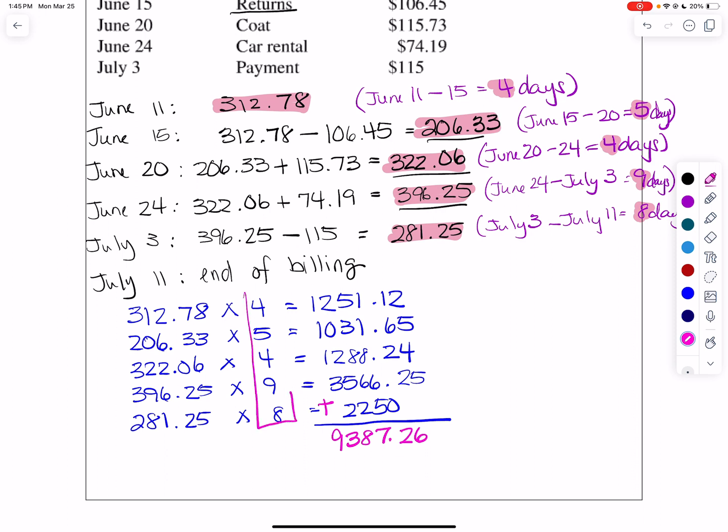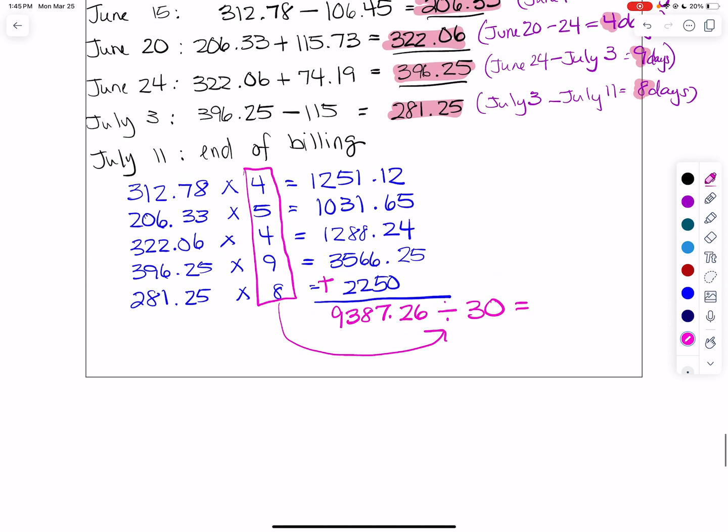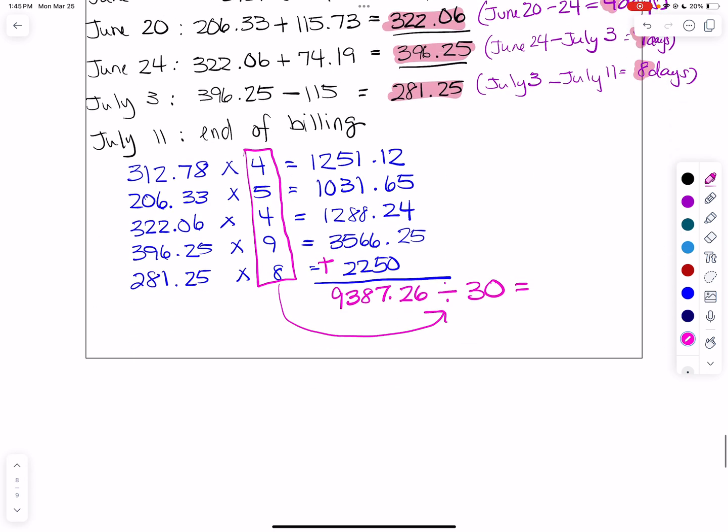And when we add all these up, I'm going to divide by 30. So the average daily balance is $312.91. Okay, now that we have the average daily balance, that's part A.